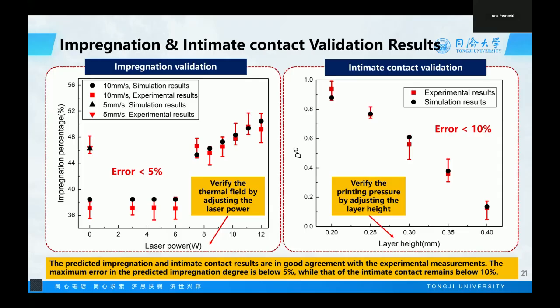And from this figure, we can see that the predicted impregnation and intimate contact results are in good agreement with the experimental measurements. And the maximum error in the predicted results is below 5% in the impregnation, while that of the intimate contact remains below 10%.